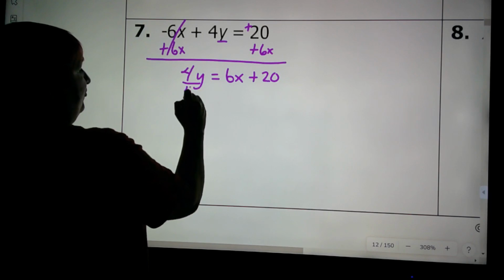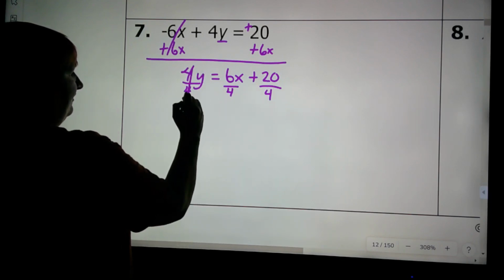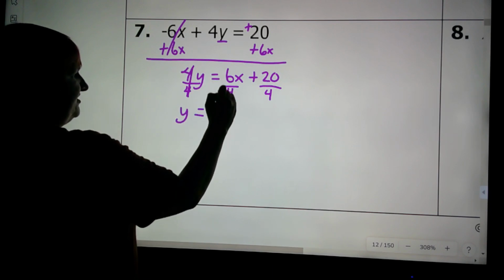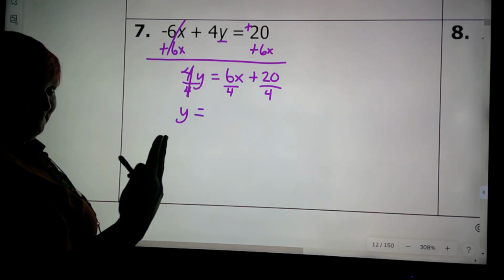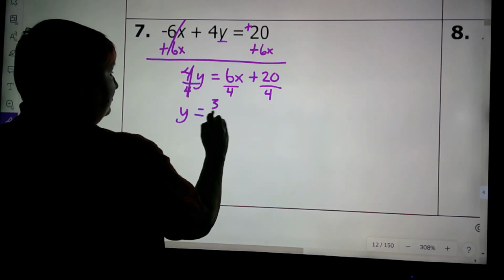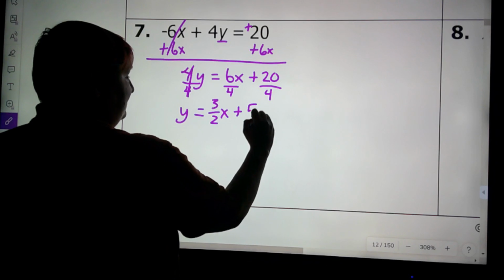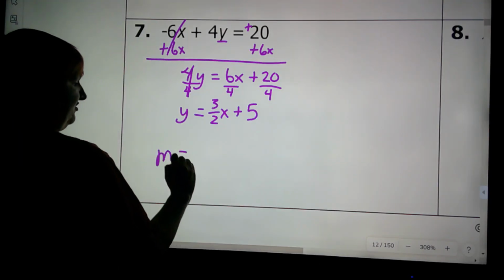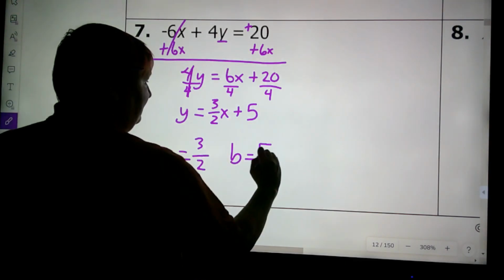We want to get rid of this 4, so we're going to divide everything by 4. Y equals 6 over 4 can be simplified to 3 over 2. Both of them can be divided by 2. 3 over 2x plus 20 divided by 4 is 5. So our slope is 3 over 2. And our y-intercept is 5.